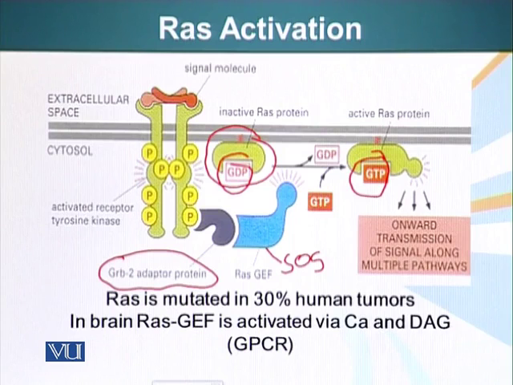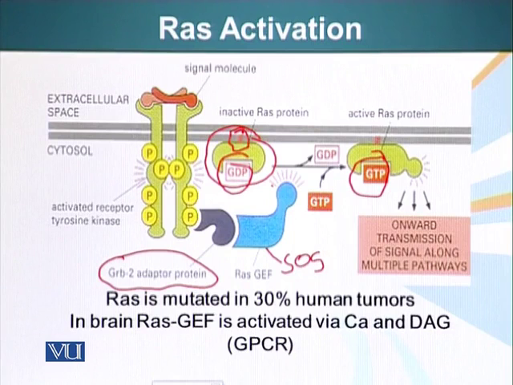When this molecule RAS-GEF or SOS binds this complex, it is now in close vicinity of RAS near the plasma membrane where RAS lives. Like G protein, this RAS also has a hydrophobic domain. It's covalently linked to a hydrophobic molecule that allows it to be attached to the undersurface of the plasma membrane.